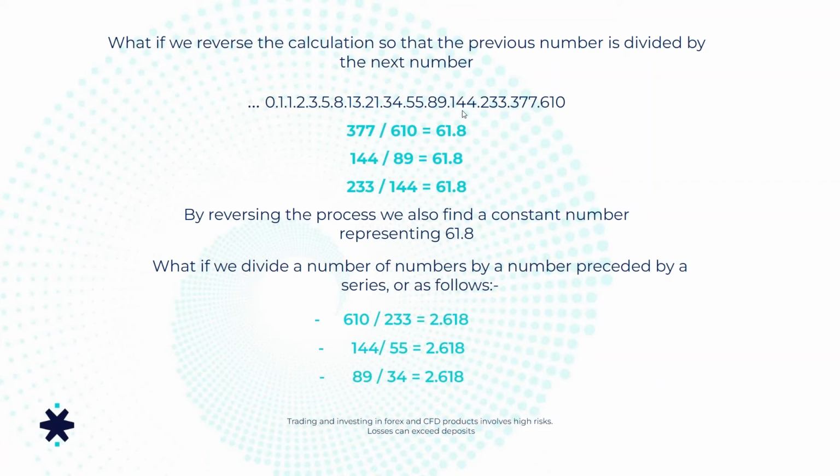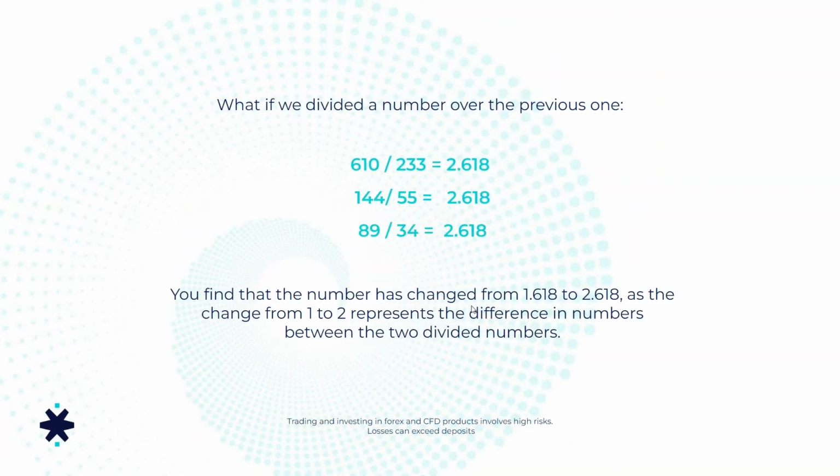And if we divide the next number, skipping the middle one, and the next number is 55, we will again get the same number. So this is how we always get the golden Fibonacci number, right? This is another type of calculation.